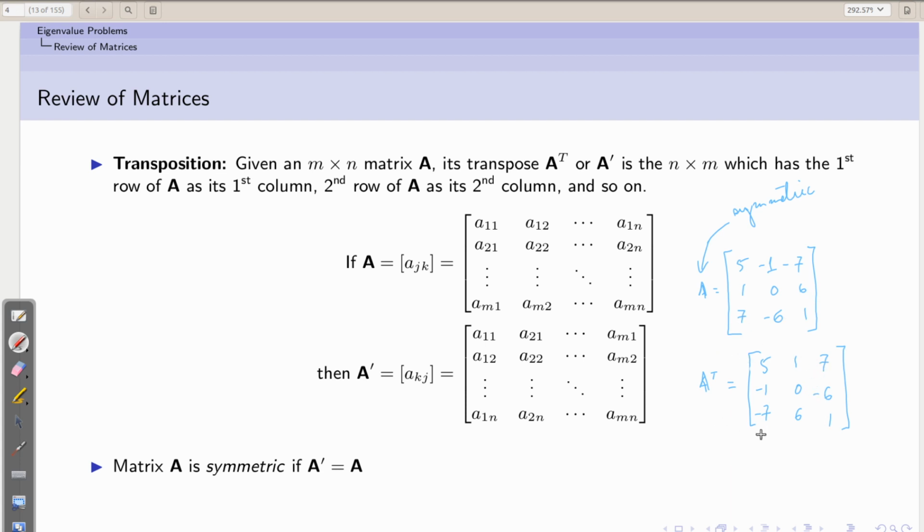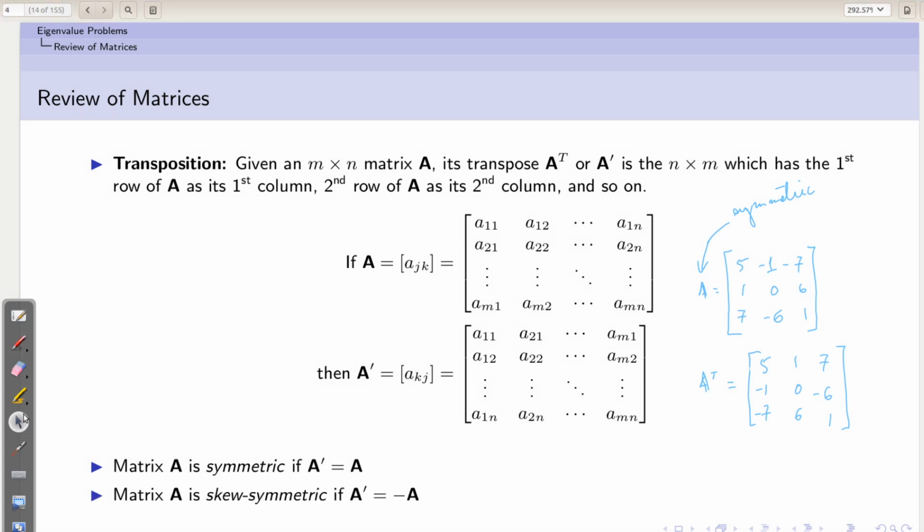So that means over here A transpose is the negative of A. A transpose is the negative of A. In that case, we say that this is skew symmetric. So this is a skew symmetric matrix.